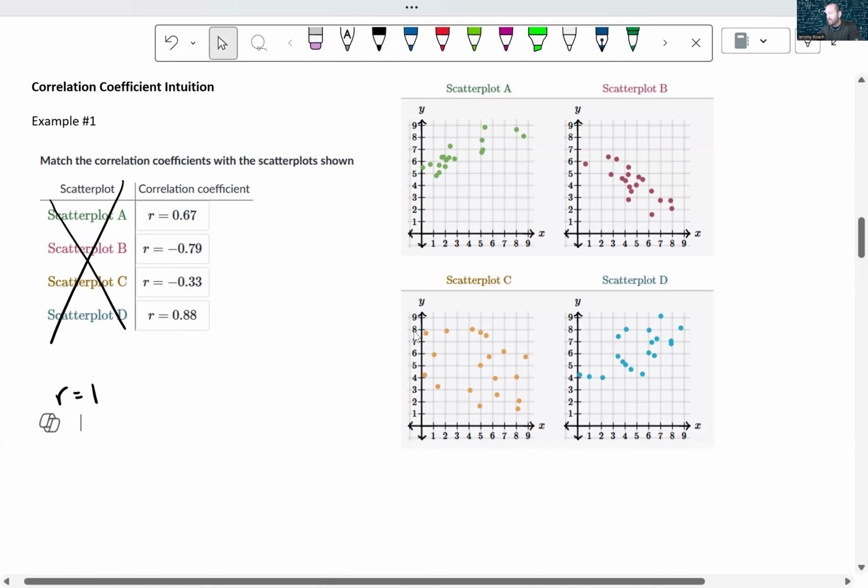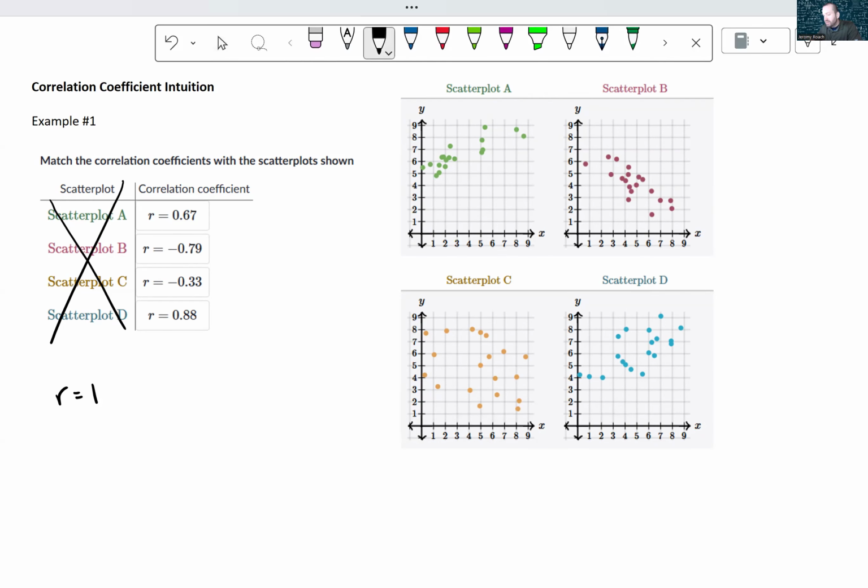And so if we look at these data points, R equals 1 is going to give us a positive linear relationship. So we need to decide which one of these is closest to a straight line that's going in the positive direction on our graph if we look at the different data points.